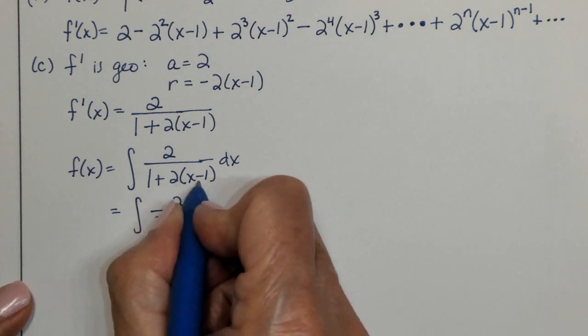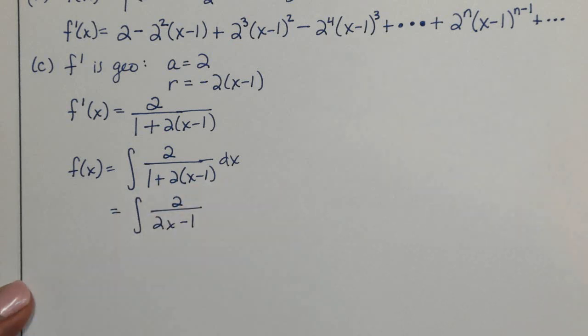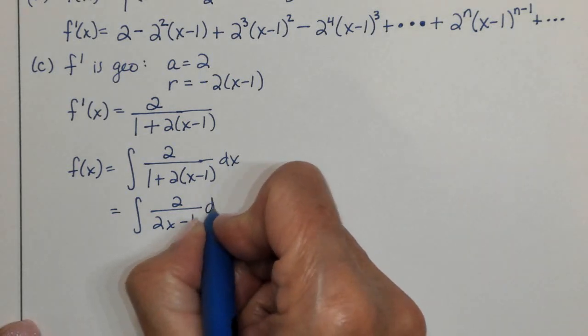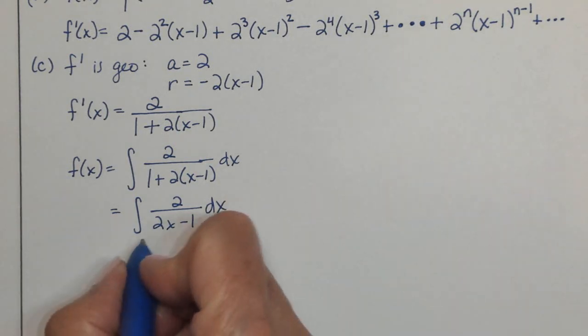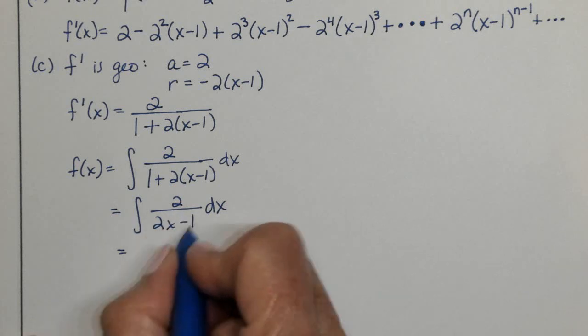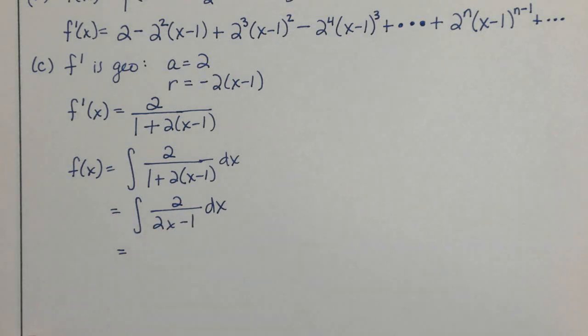This is a negative 2, so when I add that 1 to it, it's going to be a minus 1, right? dx. Okay. So now I can integrate it pretty easily, yeah?